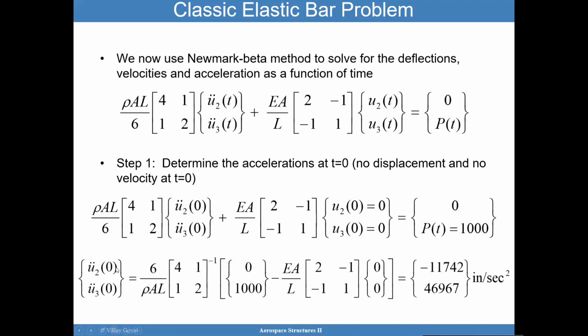And so these are the accelerations required so that there's no deflections and velocities occurring at time equals 0 when loads are applied suddenly of 1,000 pounds. In other words, I need this to occur for the system to be not moving at time equals 0 at all, if I were to apply 1,000 pounds force suddenly at time equals 0.